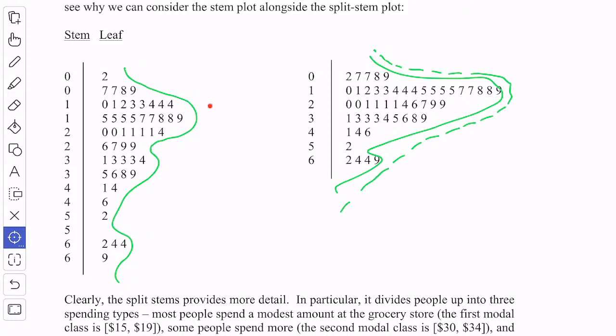Maybe I have information on their address linked to their shopping cart or their registration through some value plan, like these value point cards, and I can see where these people live, and I can see that these people spending less are in a lower income neighborhood, and these ones are in a little bit higher, and these ones live in the highest, relatively speaking, income neighborhood. So the one that you pick determines what story you're going to tell and your marketing strategy.